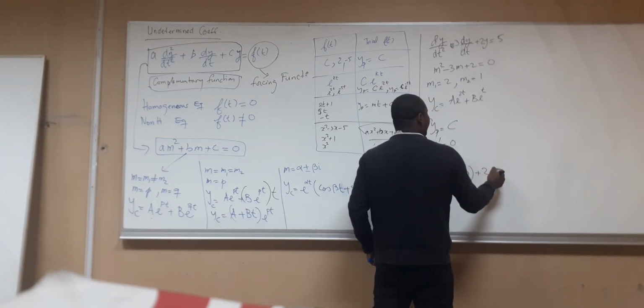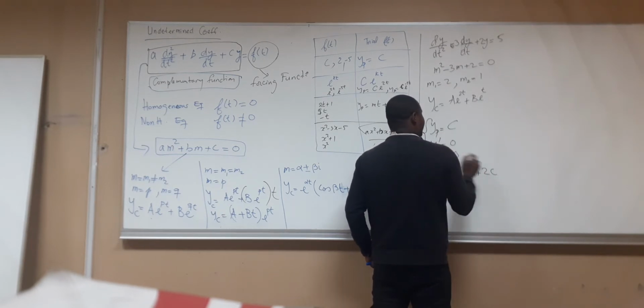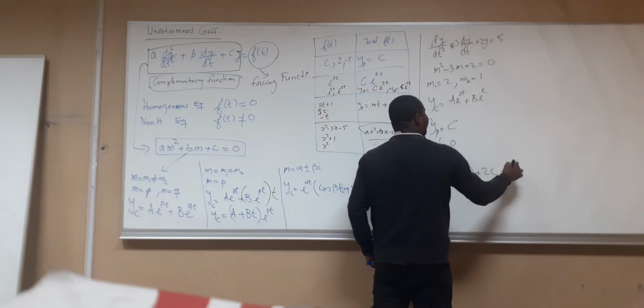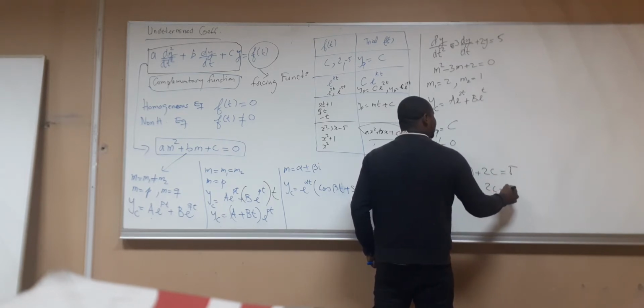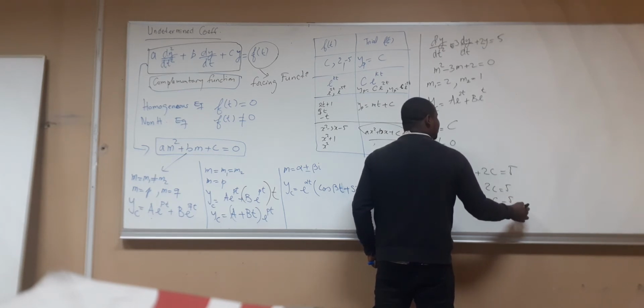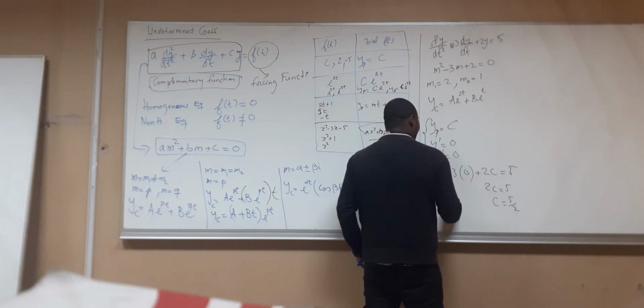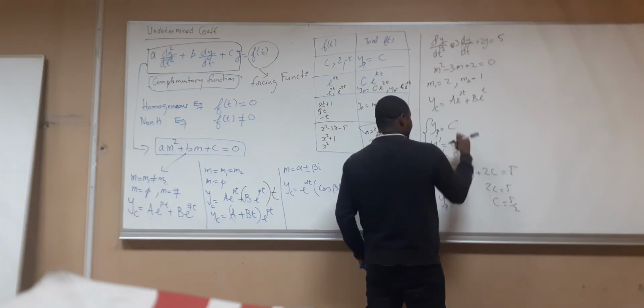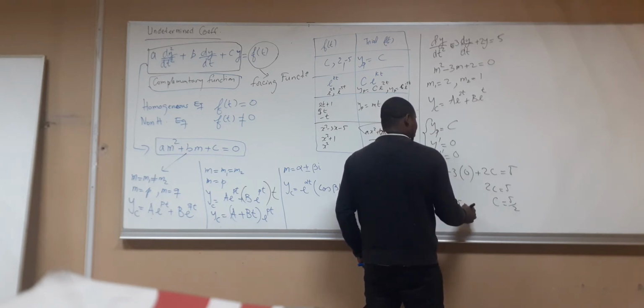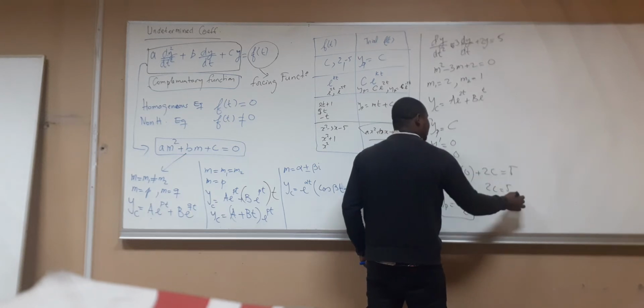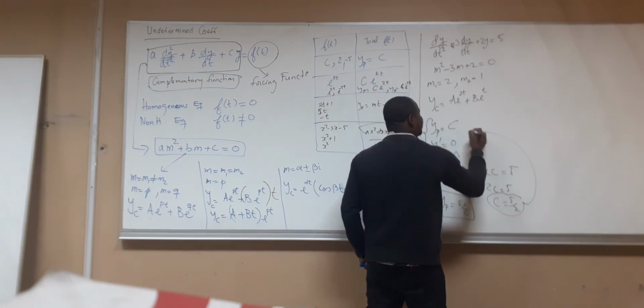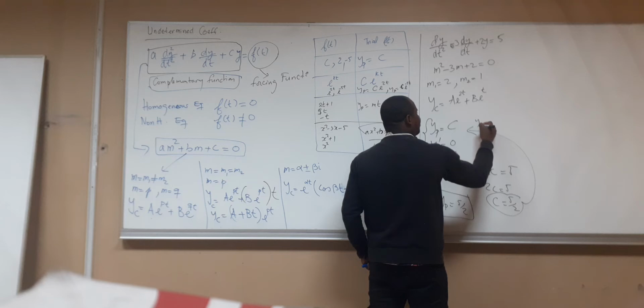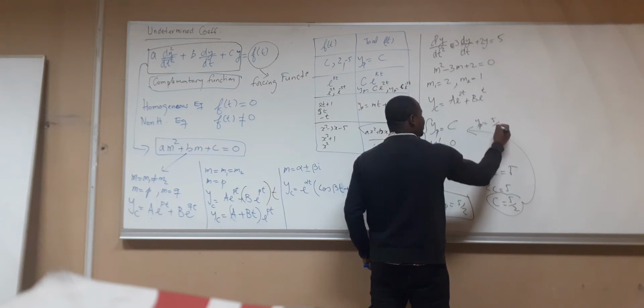Y will be our yp, which is c, and then we're going to write 5 here. Okay? Here, 2c equal to 5, then c will be equal to 5 over 2. This is actually our yp. Our yp will be equal to 5 over 2.